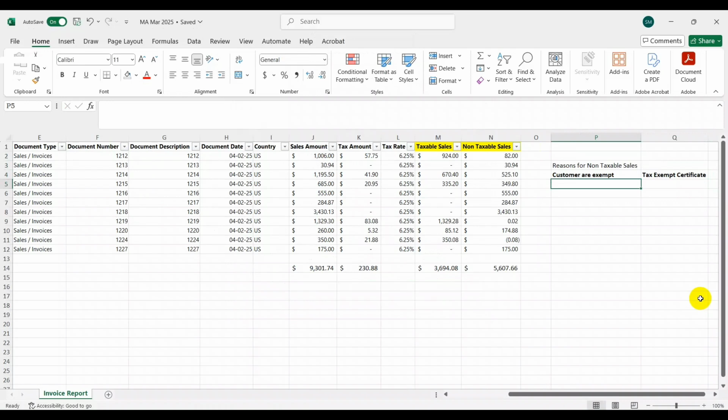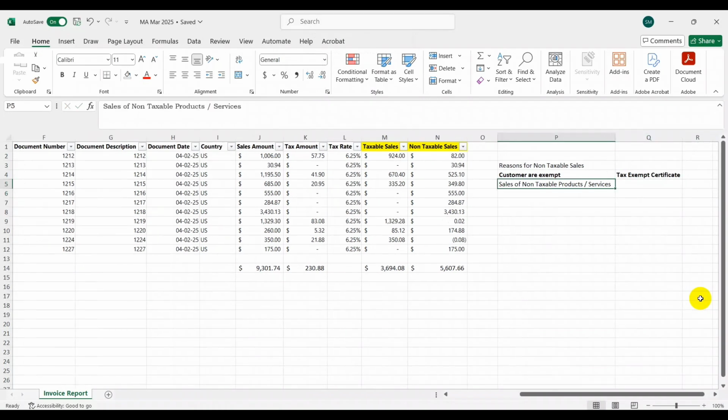The other one could be the sales of non-taxable products or services. If you have any tax engine, it will automatically identify which sales or products are non-taxable and which are taxable. You can also download the list from Avalara or from Taxjar if you have access. So sales of non-taxable products or services could be another reason.